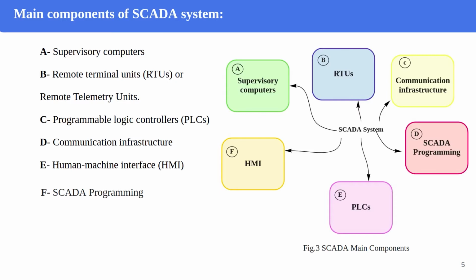As well as this, SCADA systems utilize either closed local area networks, LANs, or wide area networks, WANs. And then we also have the human-machine interface, HMI.